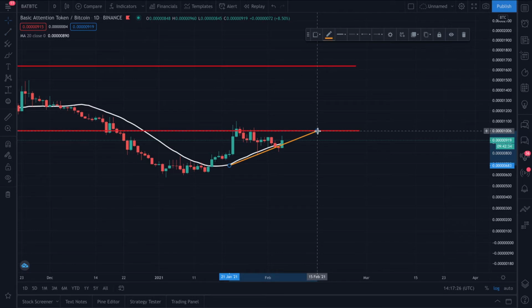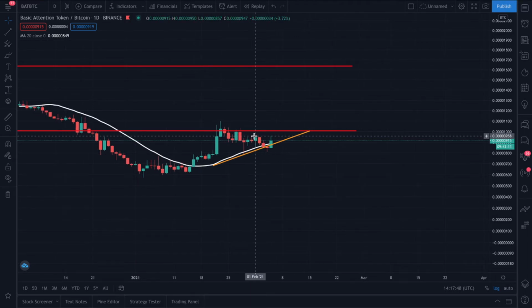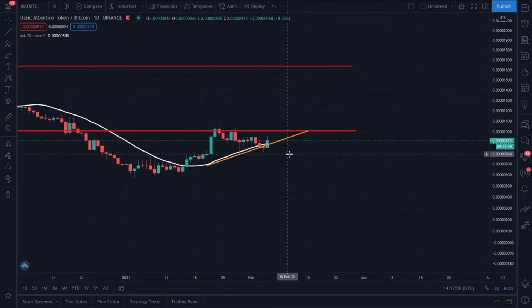Every day the price gets higher, it's replacing the lower numerical candles with higher ones, and therefore the average is going to move up. If we can't break above the 20-day, then we will consistently keep on moving down. So in order to keep the trend reversal alive, we need to be above the 20-day.